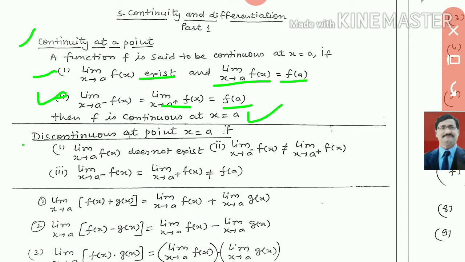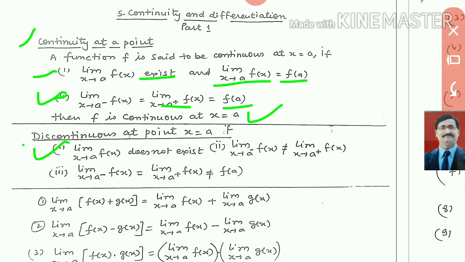Next, the function will be discontinuous at a point x equal to a. We have a total of 3 cases where the function will be discontinuous. First case is that limit x tends to a f(x) does not exist. If the limit does not exist, then the function is directly discontinuous.